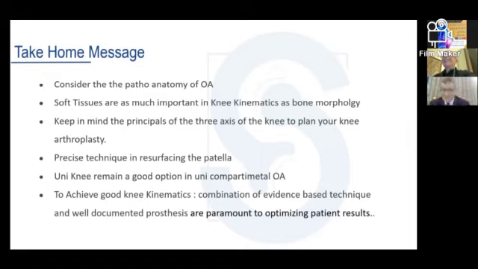That's why the last point I said: to achieve a good knee kinematic, you need the combination of evidence-based techniques and a well-documented prosthesis. You have to know what your prosthesis and your technique are. It is very important to optimize your technique.